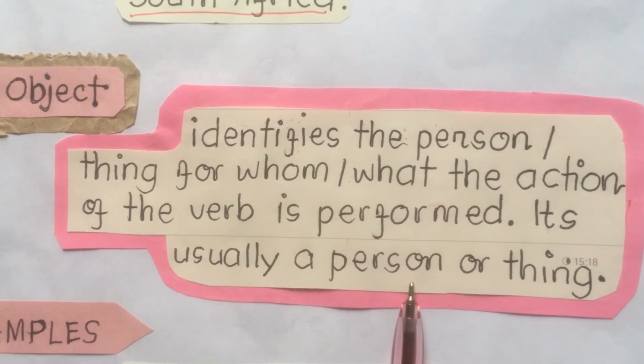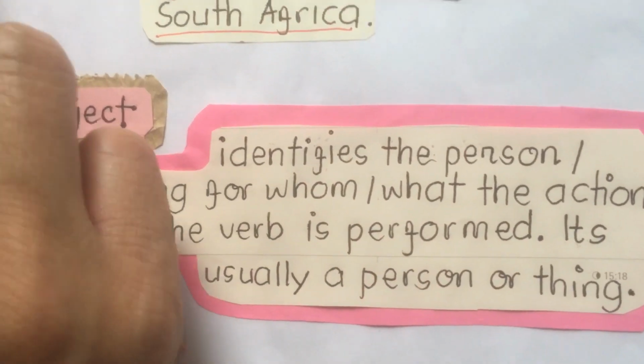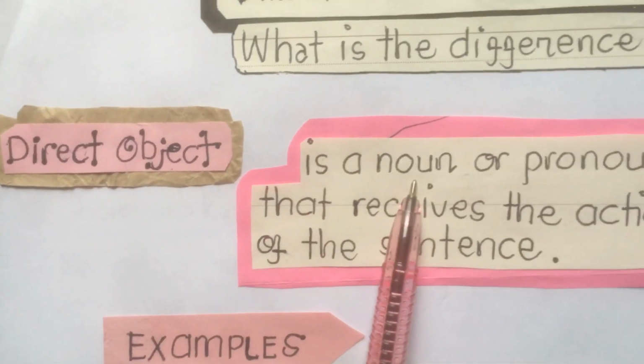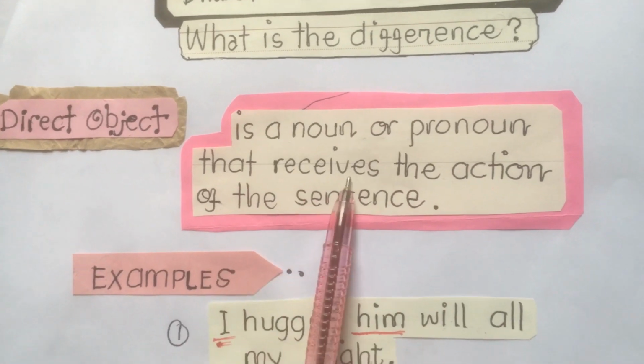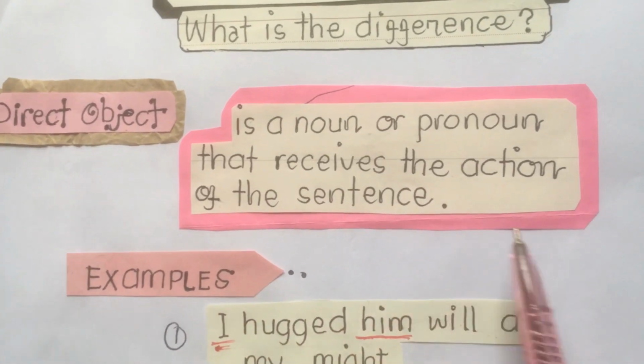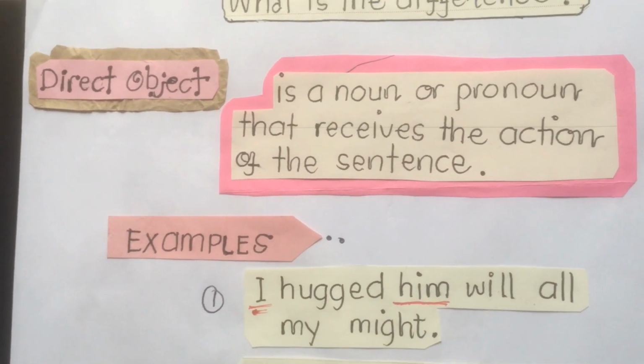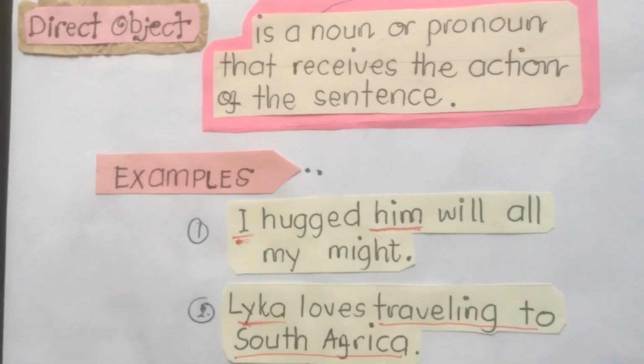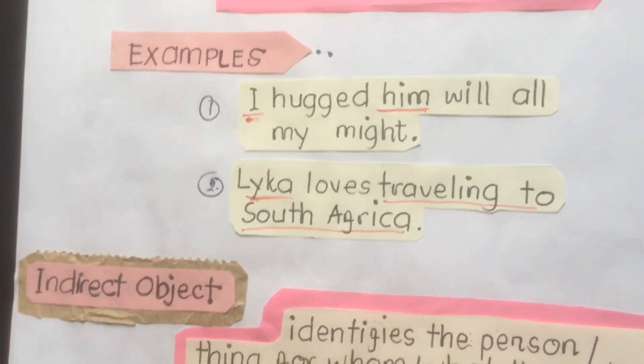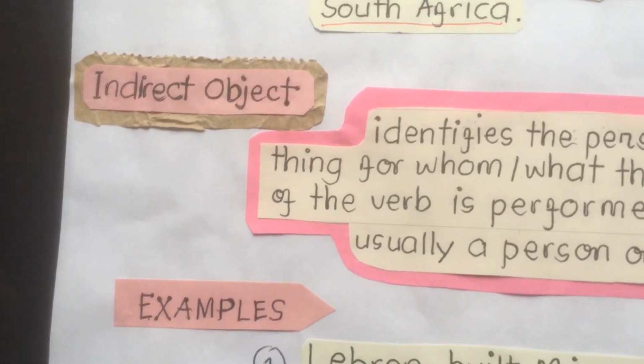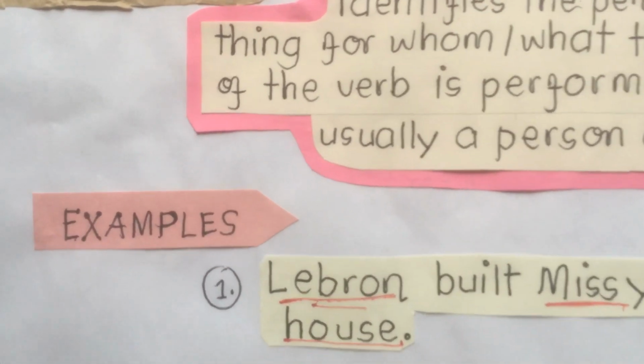It's usually a person or a thing. Going back, direct object is a noun or a pronoun that receives the action of the sentence. Which means it's the receiver of the action. Okay, that is direct object and indirect object also.